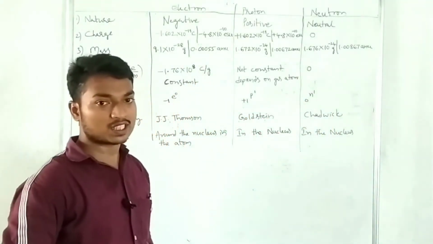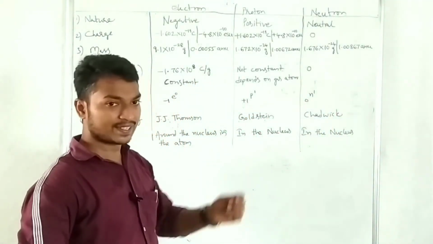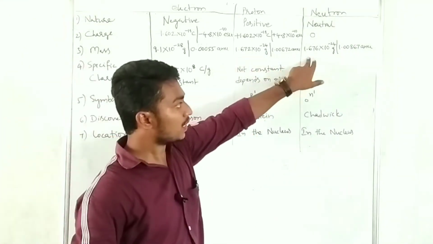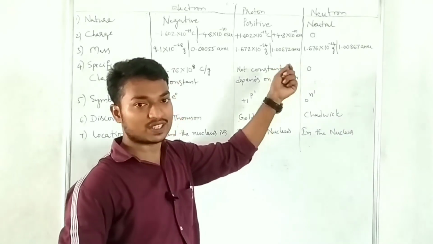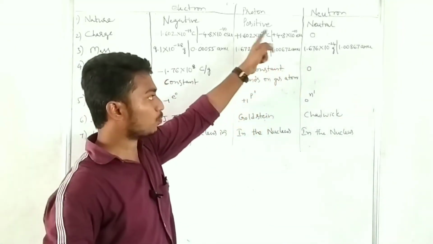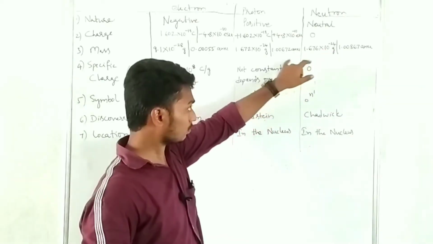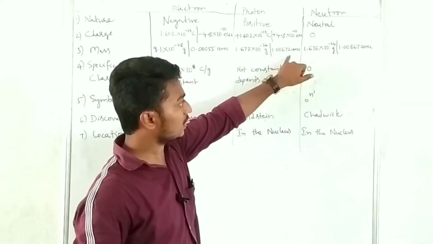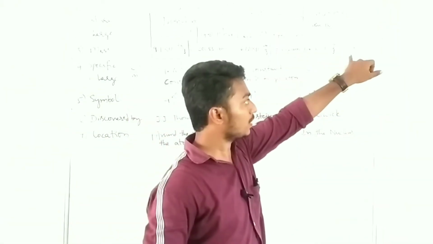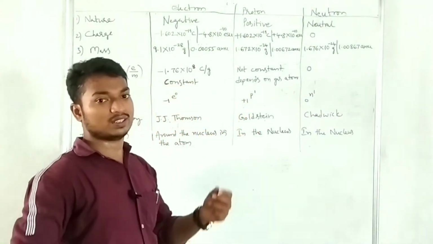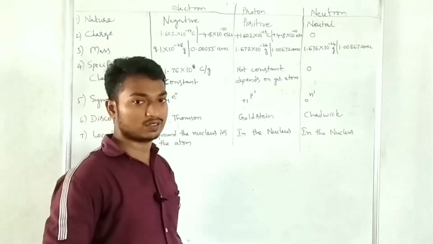If you observe the masses of proton and neutron, there is a slight difference. Here 1.672, here 1.676. In AMU also, here 1.00672 AMU, here 1.00867 AMU. This is a small difference in the mass of the proton and neutron.